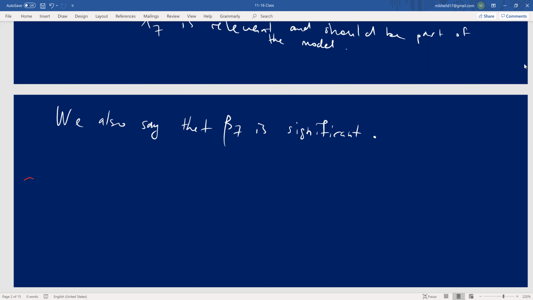It's not about beta 7 only, it applies to any beta. We need to know what we mean when we say that beta 7 is significant, beta 5 is significant, beta 3 is not significant, beta 9 is insignificant. So you need to know all of these terms. How are you guys? Are you following? Yeah, we're following. Great.